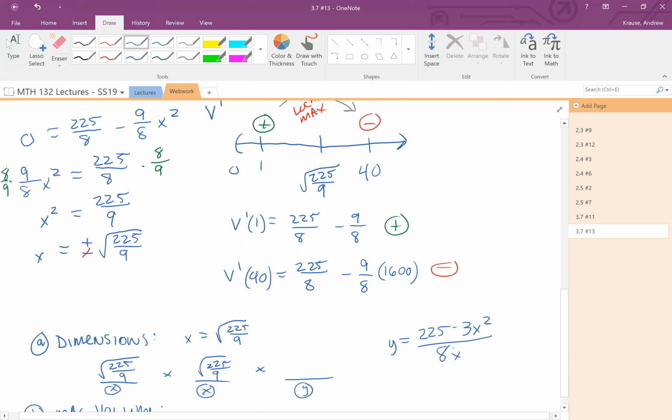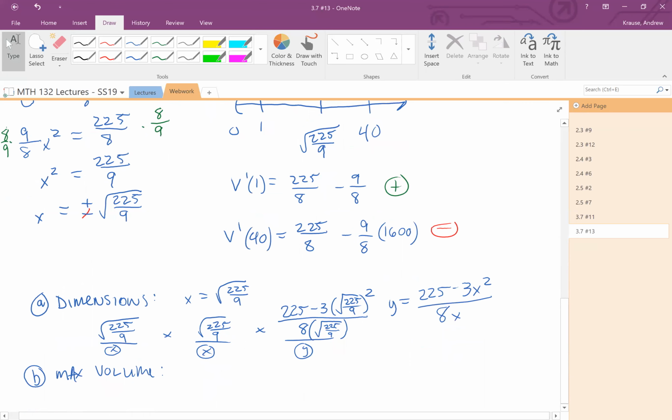And we don't actually need to simplify at all. So our y value is 225 minus 3 times the quantity square root of 225 over 9 squared divided by 8 times the quantity square root of 225 over 9. And that's going to be the dimensions that maximize the volume.